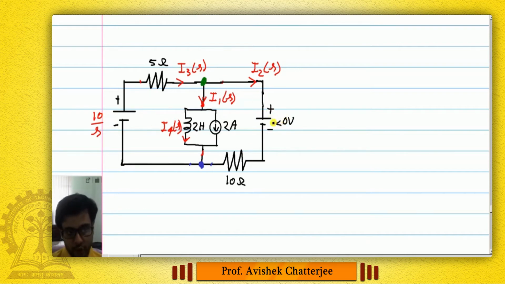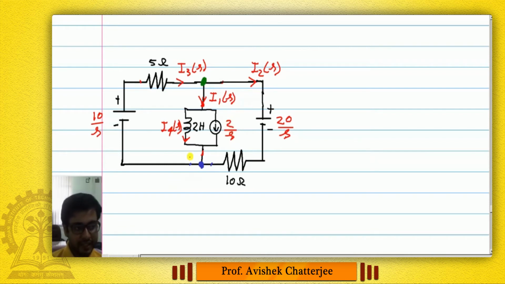So here the unilateral Laplace transform of 20 is 20 by S, and the unilateral Laplace transform of 2 is 2 by S.